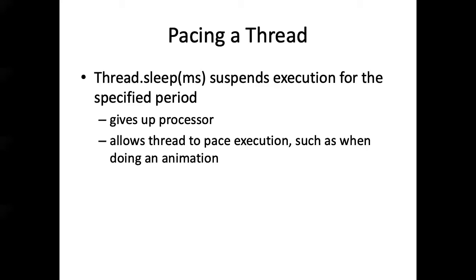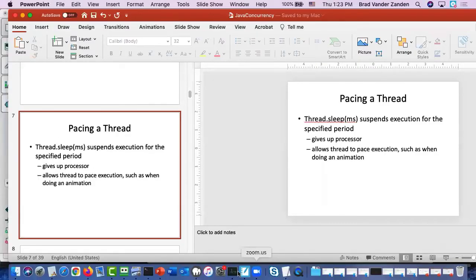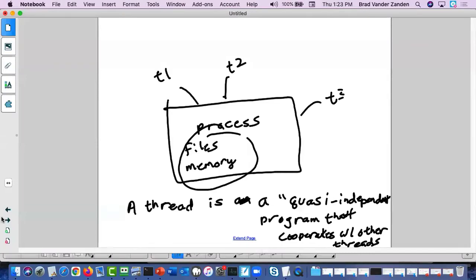So just to make it clear, you might start at time 0 and say at time 10, you sleep for 500 milliseconds. So now you're asleep. At 510 milliseconds, you become eligible. You're put on the scheduling queue.